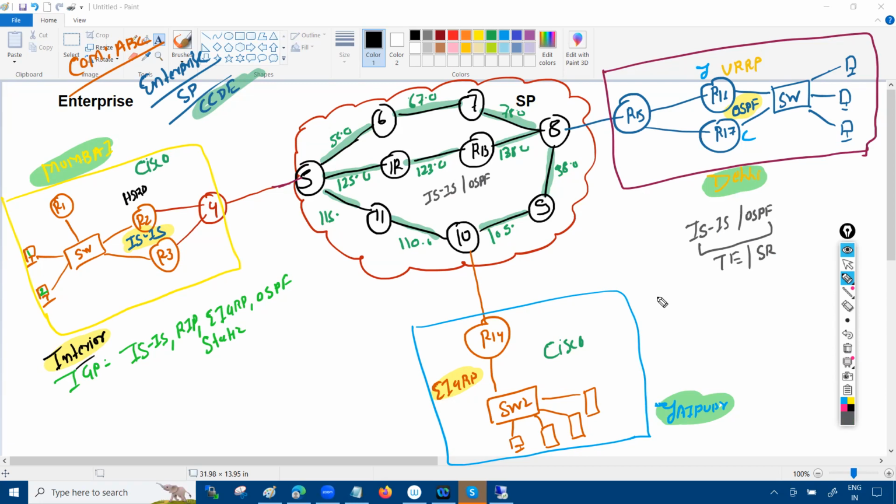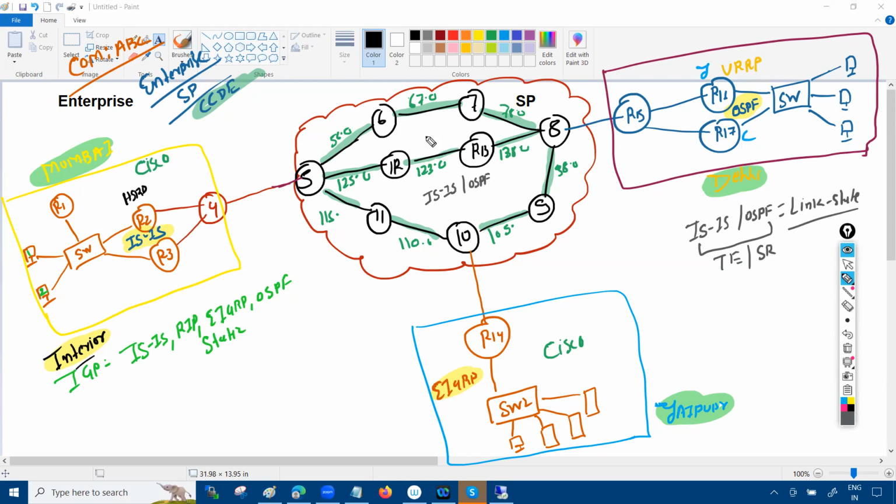There are many advantages of these two protocols. We'll see that when we discuss them separately. But right now, as per the design perspective, we are planning to implement TE in this network, so we can go with either of the link state routing protocols. In an organization itself, I can go with any routing protocol, EBGP, OSPF, RIP, because we are not running traffic engineering there.